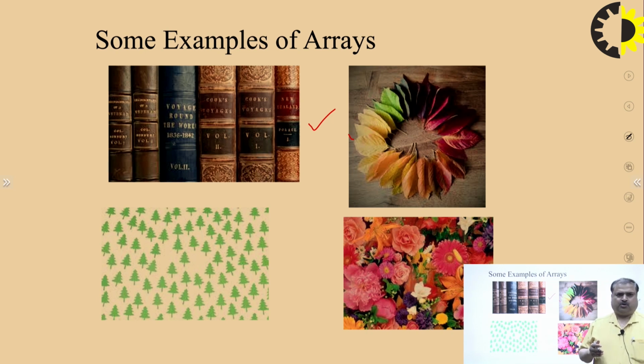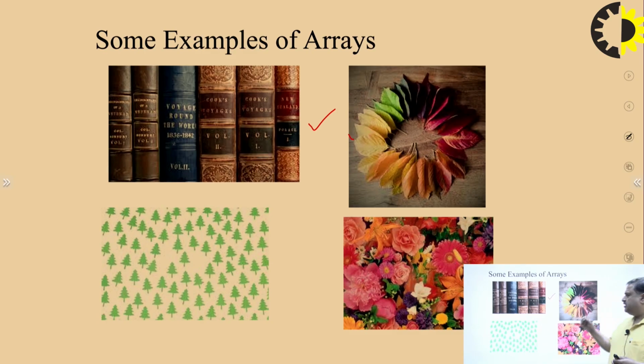That class is book. So the books that we have, we can say this is an array of books. An array is a collection of similar kinds of items in a sequential order.